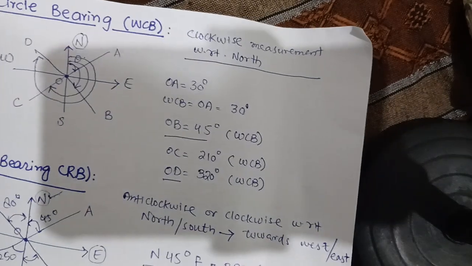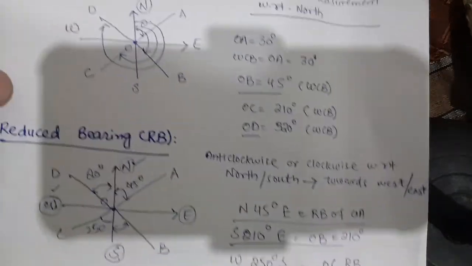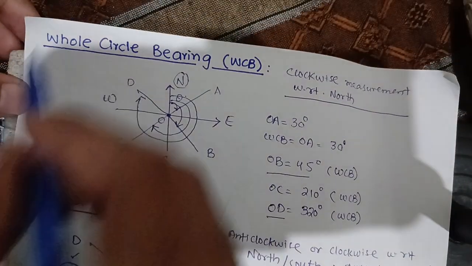So this way we can write or differentiate between a whole circle bearing and reduced bearing.